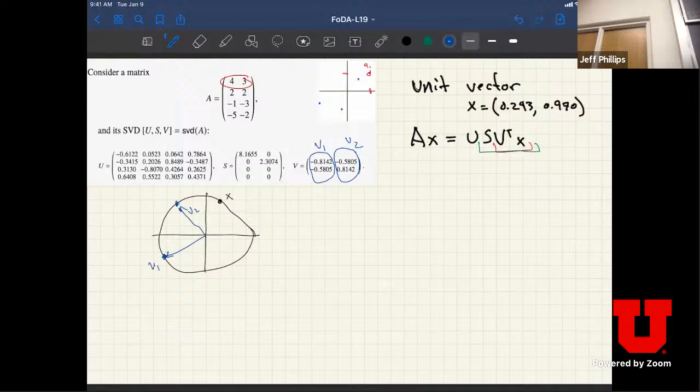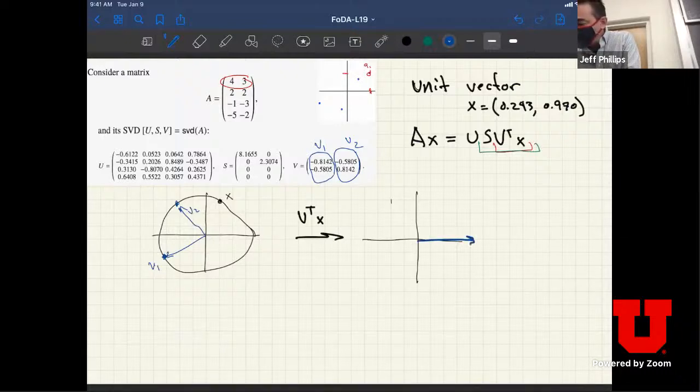Okay, so this is the initial picture: x, V1, and V2. We're going to multiply by V transpose times X, and we're going to get another picture over here. What's interesting is that the output is another two-dimensional vector: I multiply a two-dimensional vector by a 2 by 2 matrix and get out a two-dimensional vector.